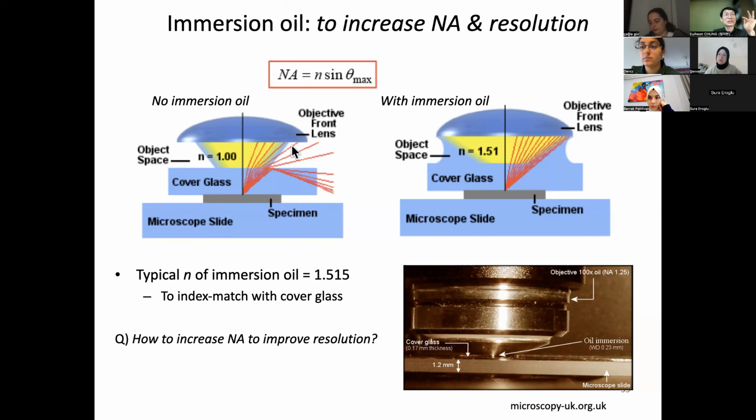However, if you fill this, instead of air, with oil, which has a refractive index of 1.5, and glass is also about 1.5, so they are made to be the same, then those rays, which used to go outside, are now captured through your optical system. You gain more information, giving you higher resolution. That's why the numerical aperture has the n over here, the refractive index of the emergent media.